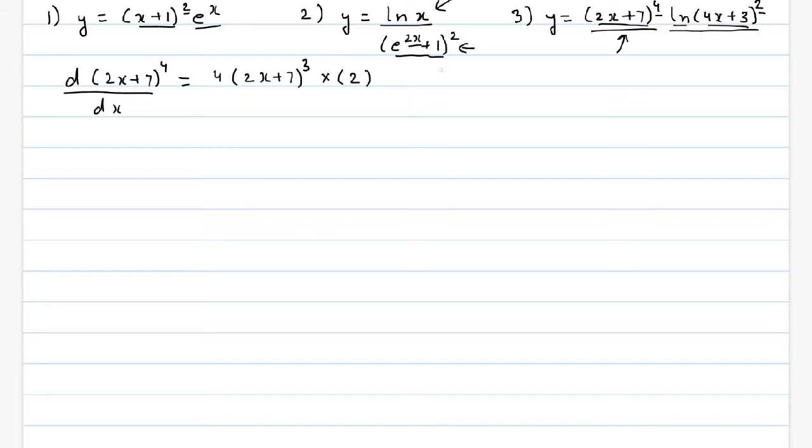Similarly I'll do the differentiation of our log one. So differentiation of log 4x plus 3 whole square. If you are wondering, log is also written as ln. Ln is nothing but natural log, that is log to the base e. Many times you might find in books or question papers they have written ln, that is nothing but log to the base e.